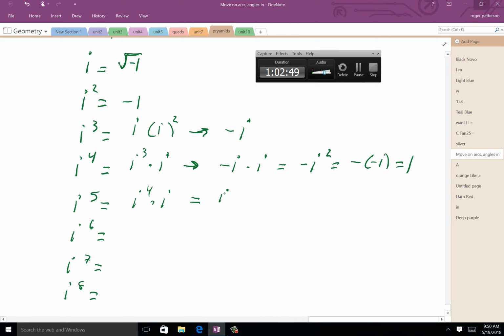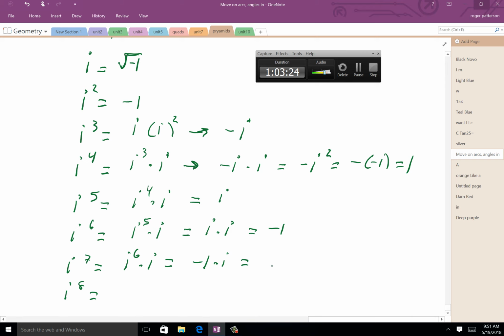Now i to the 6th is going to be i to the 5th times the i. But we just found i to the 5th. That's an i times the i, which is i squared, which is negative 1. So I think I'm starting to see a pattern here. i to the 7th is i to the 6th times i. i to the 6th we just said was negative 1 times i.